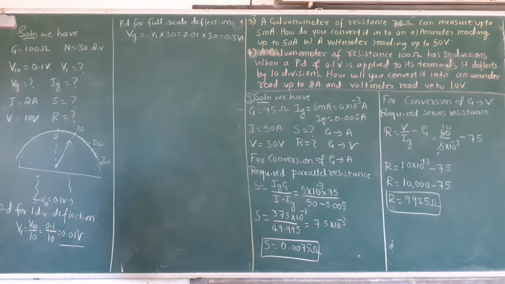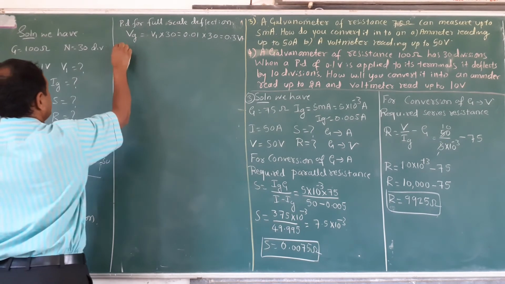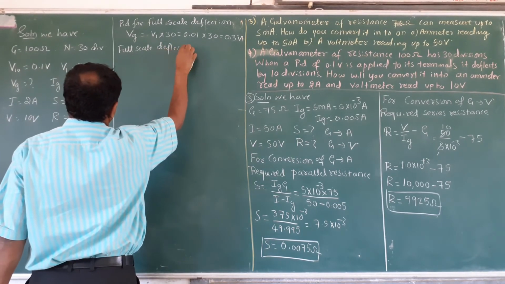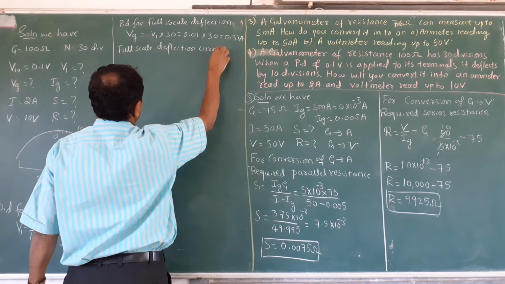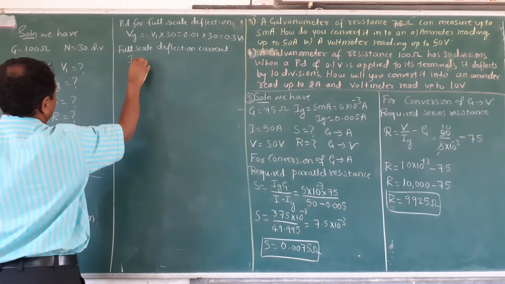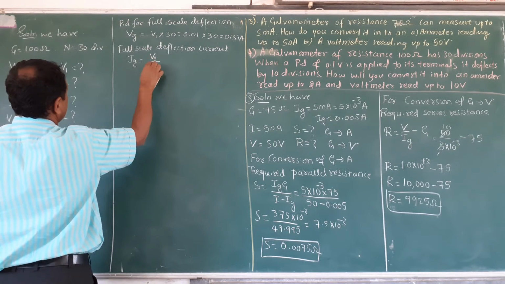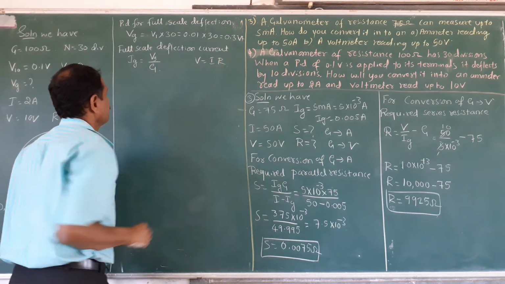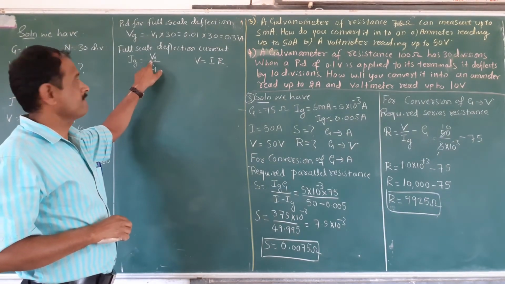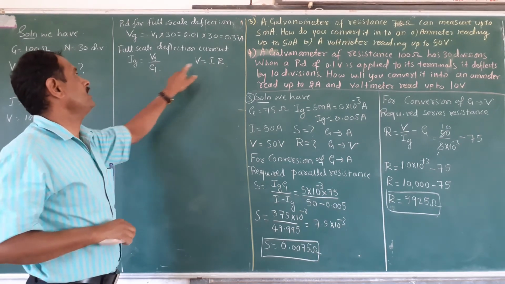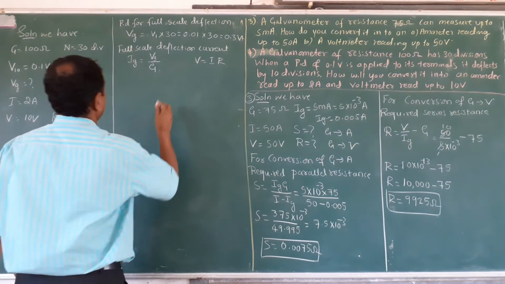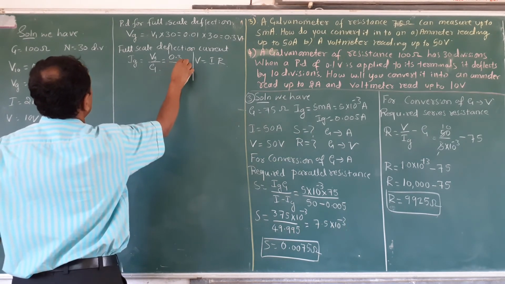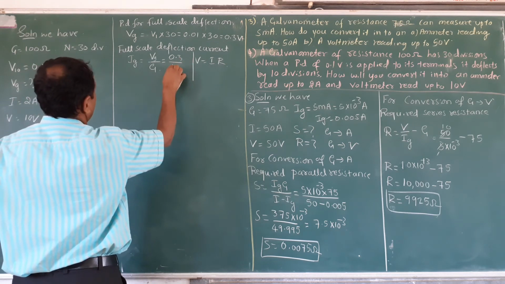For full scale deflection voltage and full scale deflection current, IZ is equal to PZ upon G. According to Ohm's law, P is equal to I into R. P is VZ, I is IZ, R is nothing but G. So P is 0.3 divided by G. G is how much? 100.